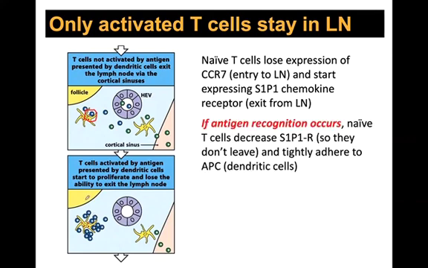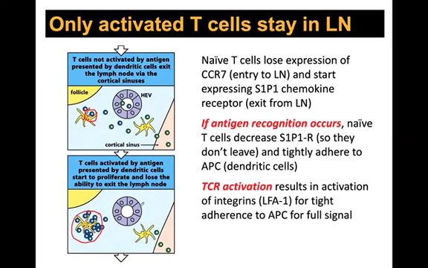But if antigen recognition does occur, you don't want those cells to leave. So they don't upregulate S1P1 receptor. They tightly adhere to the dendritic cell, and they start proliferating. That requires these T cells to have tight binding to the APC so you can get all of those recognition events happening.